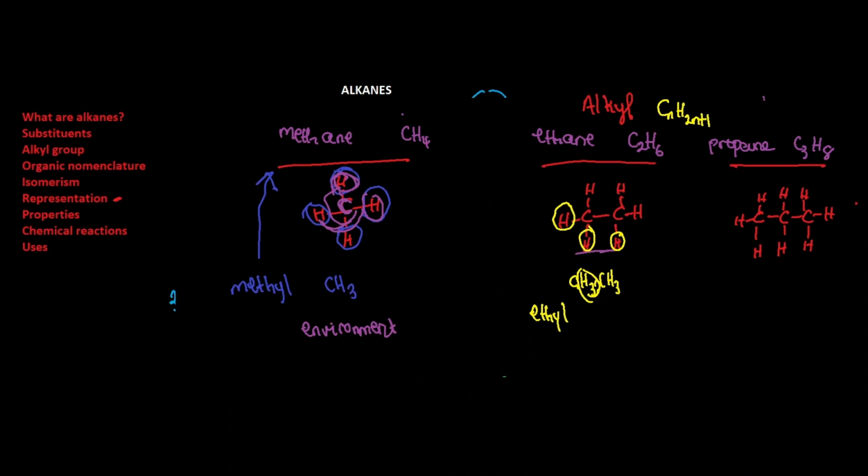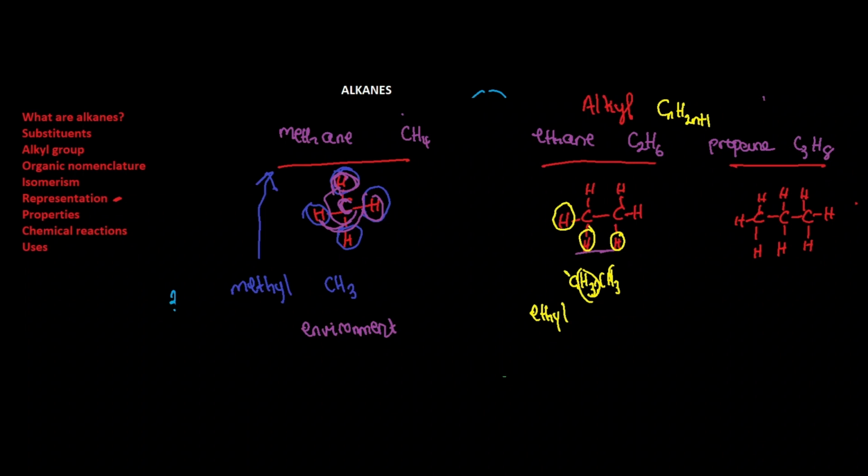How we can picture it is that if we take the carbon atom to be a man or a woman with 3 children, and this carbon atom is also a man or woman with 3 children, being the hydrogens.